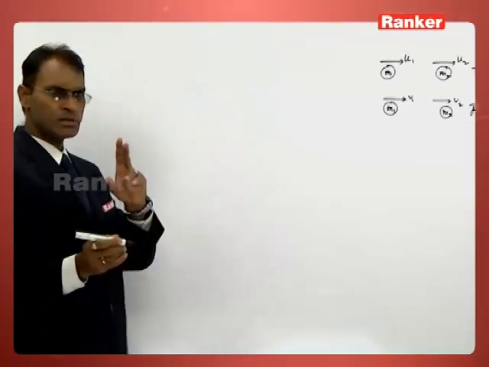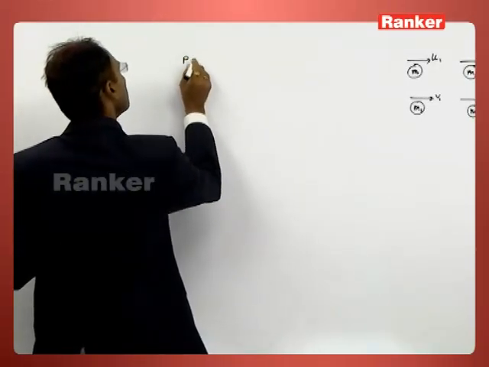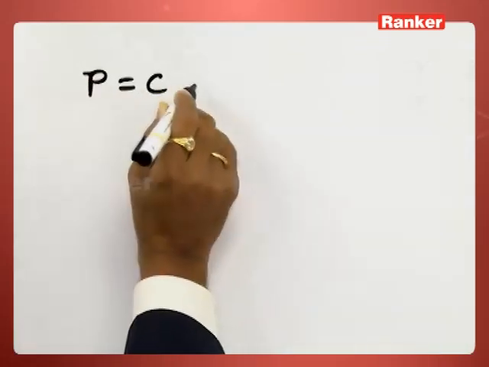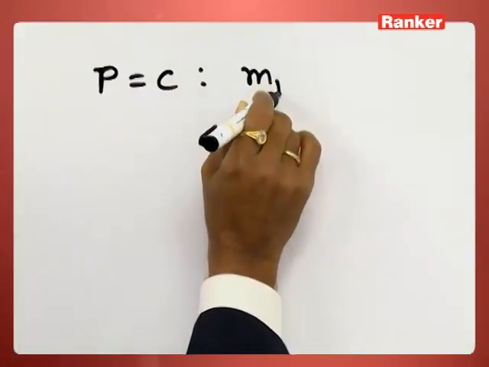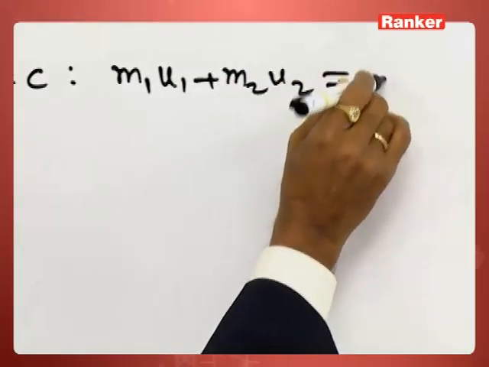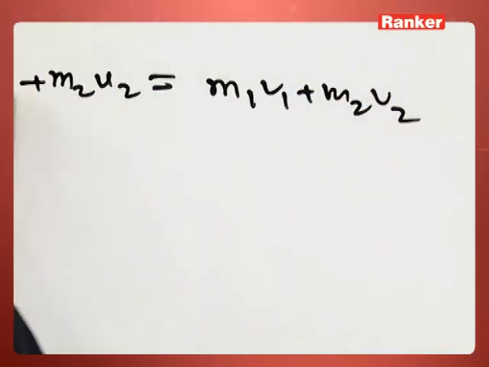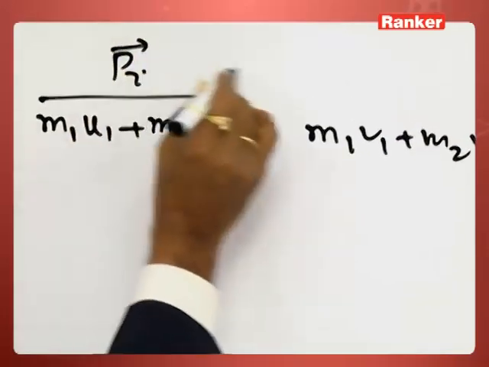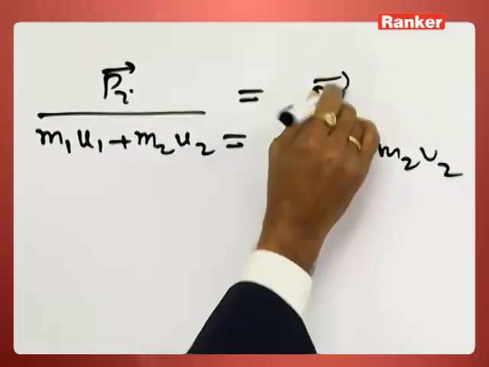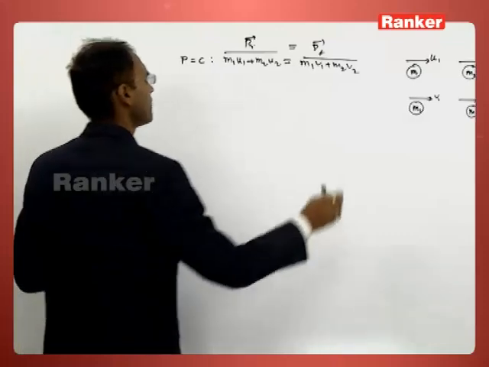We have developed two equations. One is conservation of linear momentum, which is given as m1 u1 plus m2 u2 is equal to m1 v1 plus m2 v2. This is the initial momentum and this is the final momentum. Equation number 1.